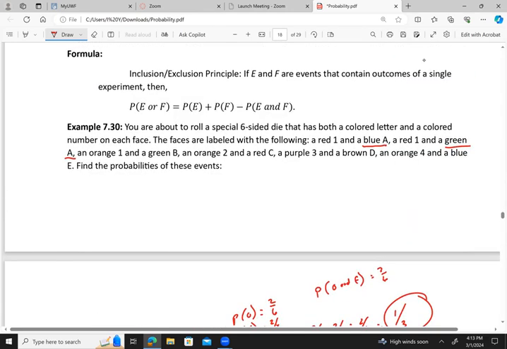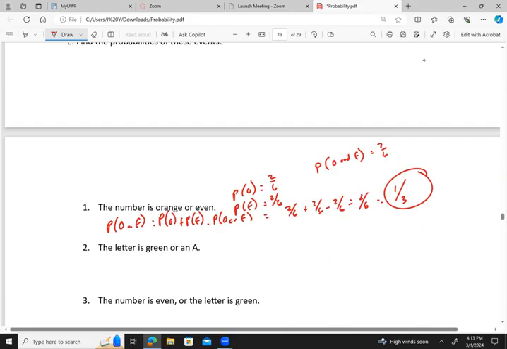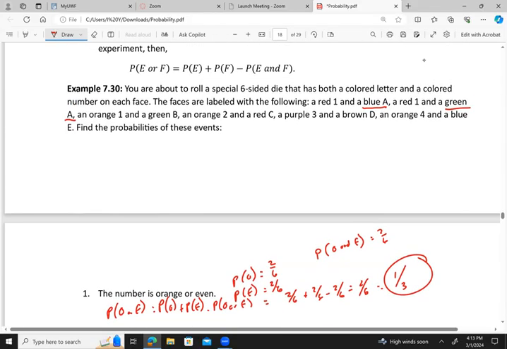Oh, here's another green. Red, blue, green, orange, red, purple, brown, blue.